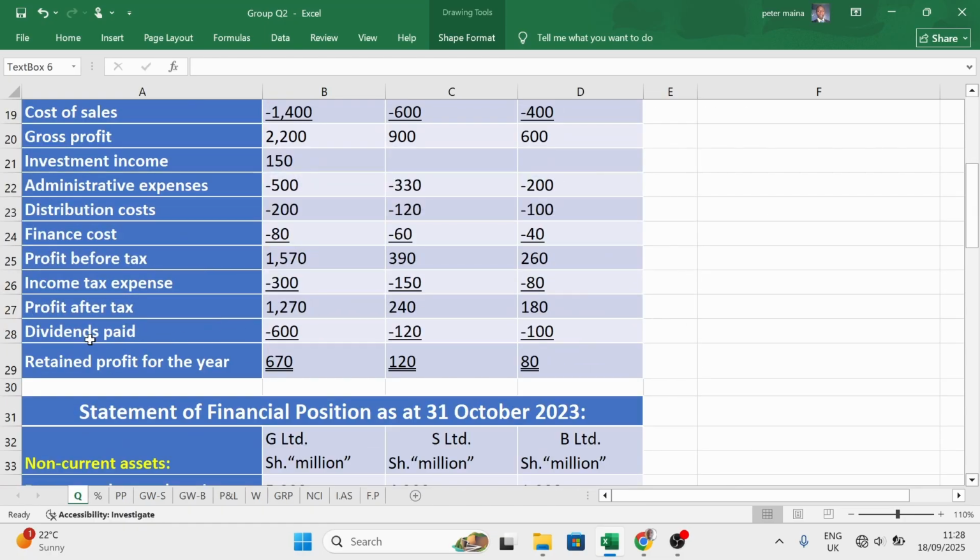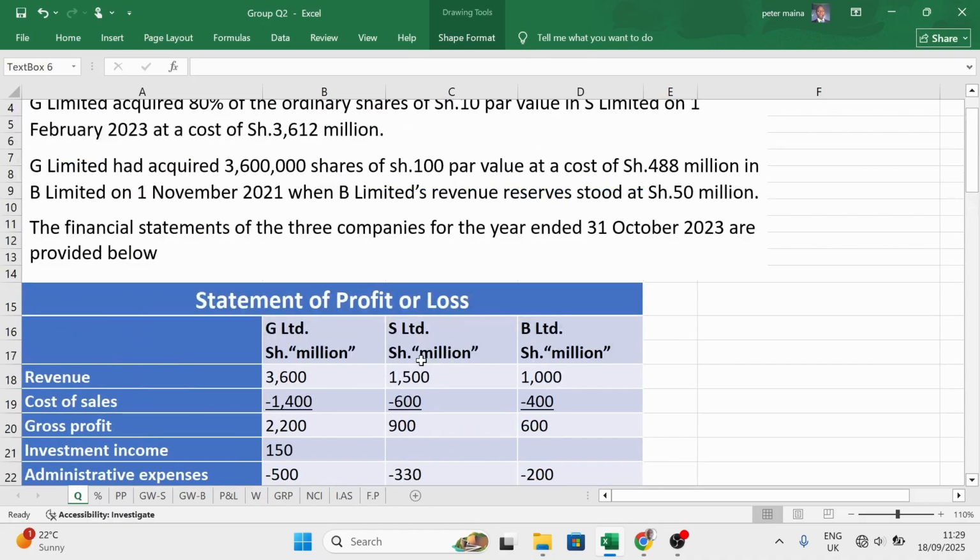At the bottom, we have the retained profit for the year. This means it is for the whole year, which began on 1st November and ended on 31st October 2023. So 120 is the retained profit for the year for S Limited.